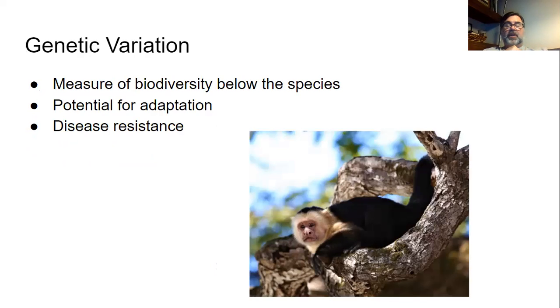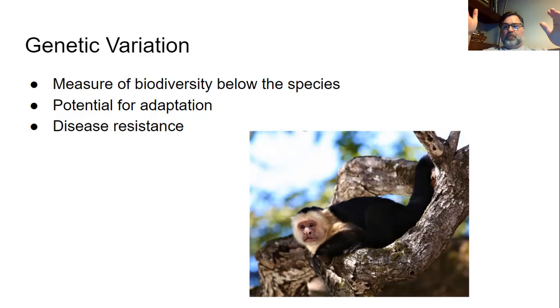All right, genetic variation. When we look at the hierarchy of life and the possible ways to measure biodiversity, most measures of diversity look at species diversity, and then you have diversity of, say, ecosystems and habitats.